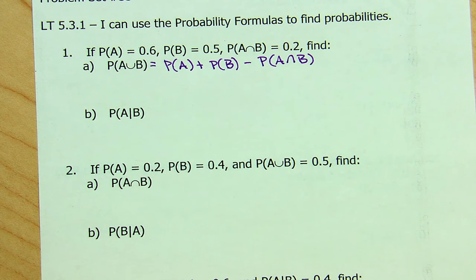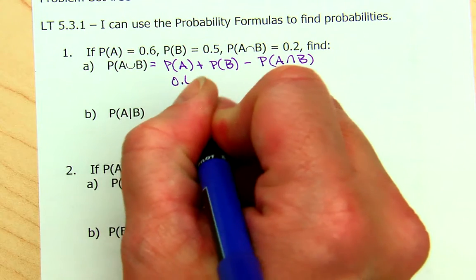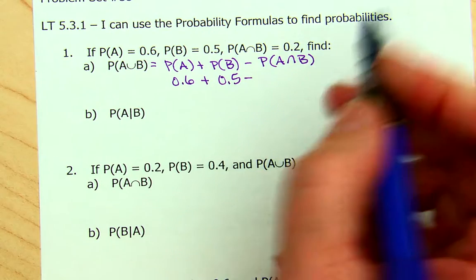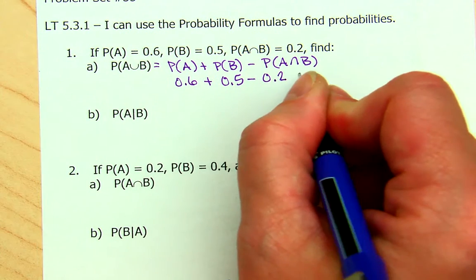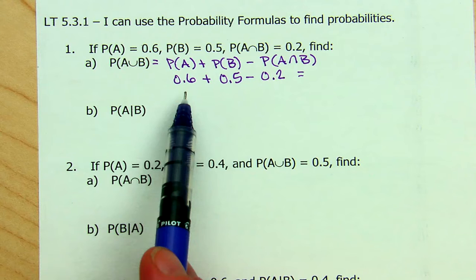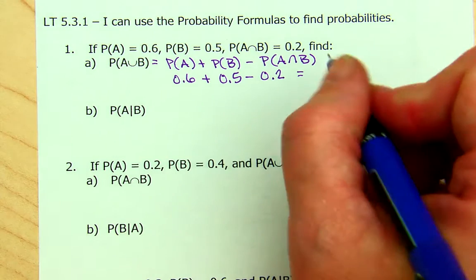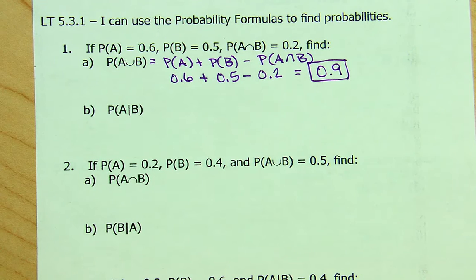So then we would just put in the values that it tells us. It says the probability of A is 0.6, the probability of B is 0.5, the probability of A and B is 0.2. And then we just calculate that. So 0.6 plus 0.5 would be 1.1, minus 0.2 would give us 0.9. And that's our probability.